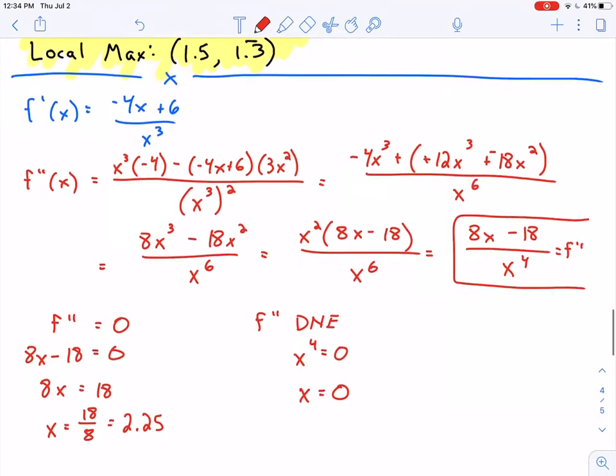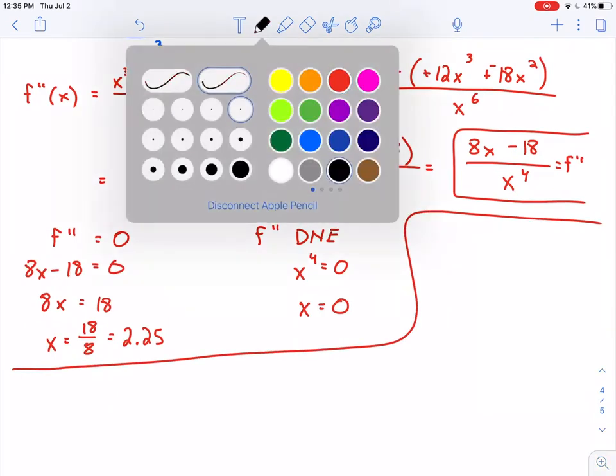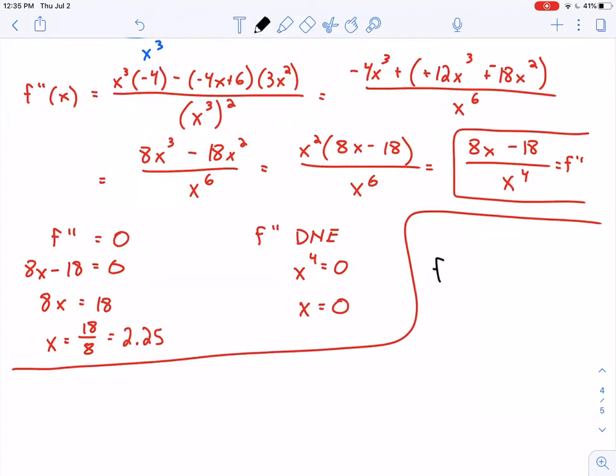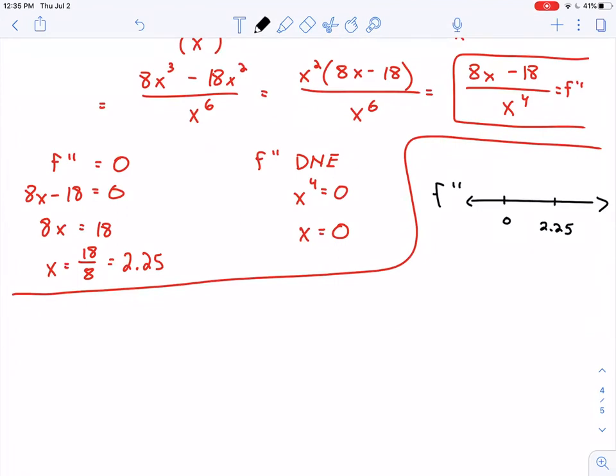Now let's go and construct our number line. Let's do that in a different color again as well. How about we do that in black? Here's f double prime. We've got 0 and we've got 2.25. So I'm going to take a number in each interval and plug it into my second derivative. f double prime, let's start with negative 1.